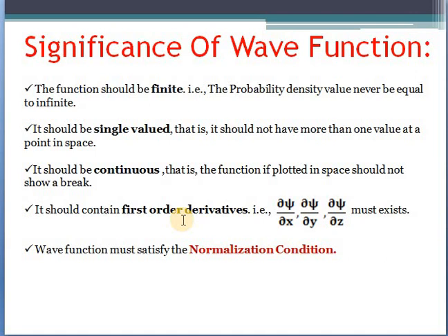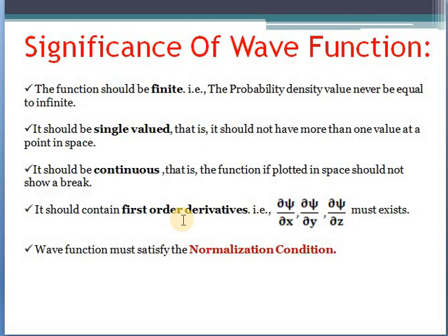For that purpose, we represent the wave nature associated with that particle, and that is mathematically defined as a wave function. A wave function is in general represented as a complex function, so you have psi, which is a complex function.